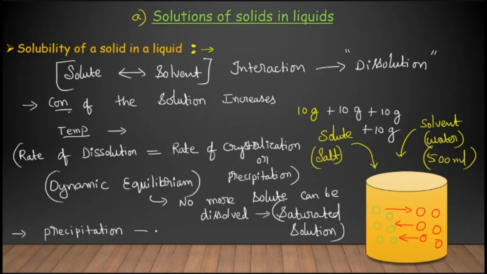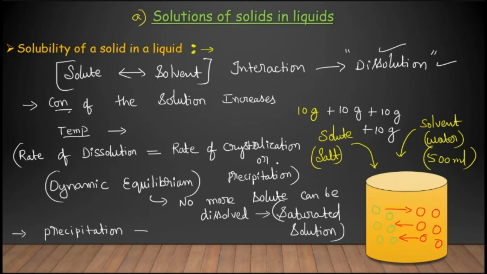So what we have learned here is, the moment you add the solute and the solvent, we can see the interaction between the solute and solvent molecules, which leads to dissolution. Further, if you add, at one particular temperature the rate of dissolution becomes equal to the rate of precipitation.